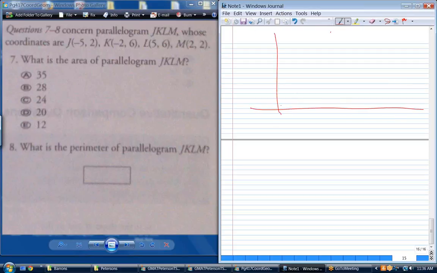Let's see, minus 5 comma 2, minus 2 comma 6, 5 comma 6, and 2 comma 2.